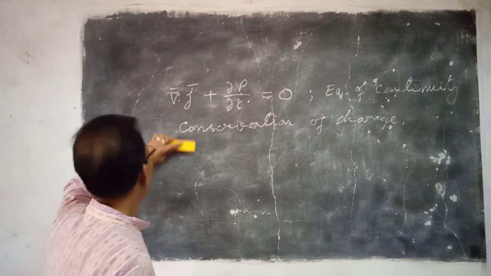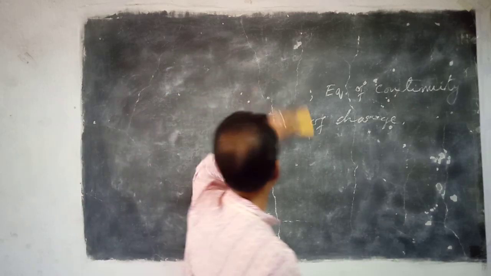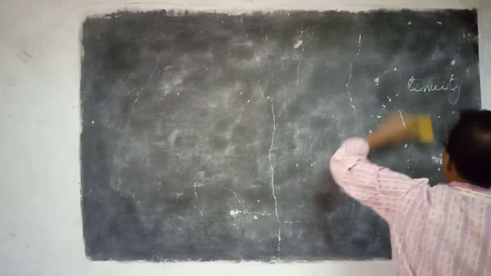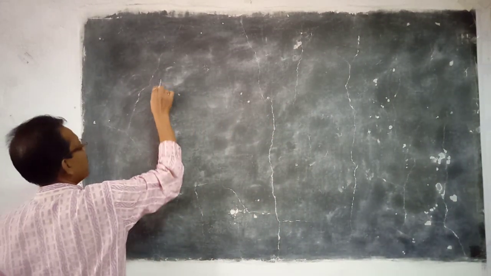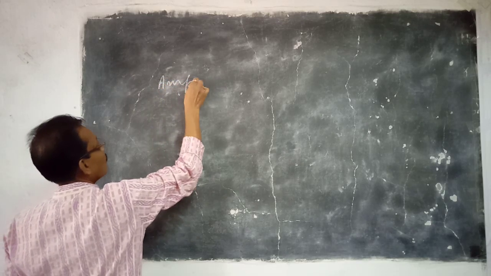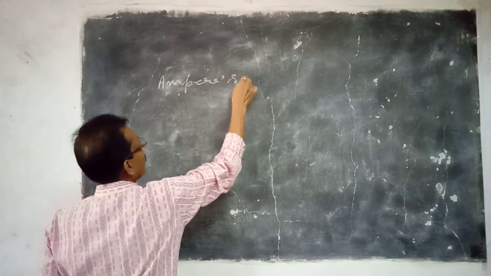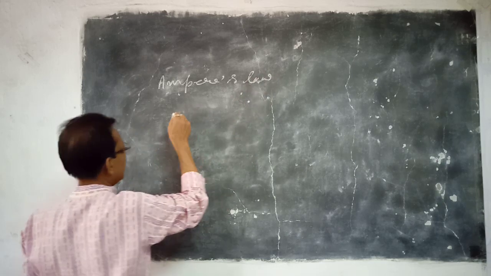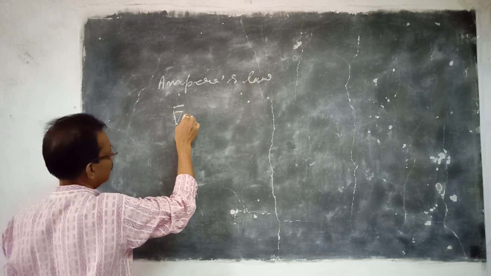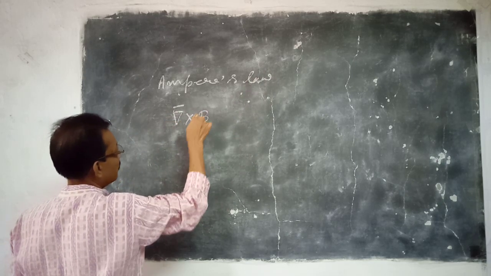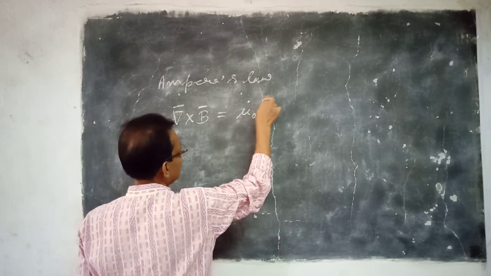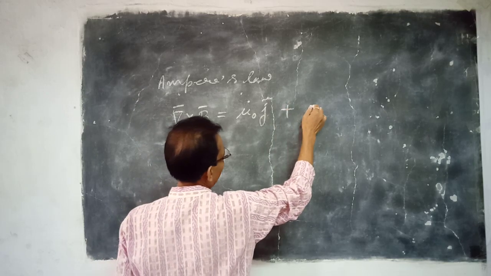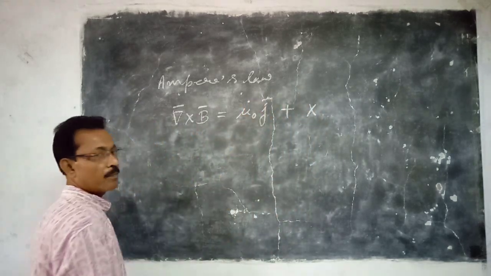Now, therefore, what should be the actual form of Ampere's law, the modified version of Ampere's law? Now, Ampere's law, we write in differential form, that is the curl of B is equal to mu 0 J plus x.